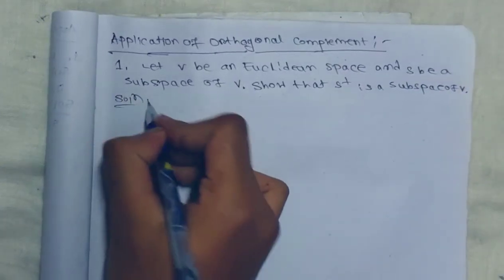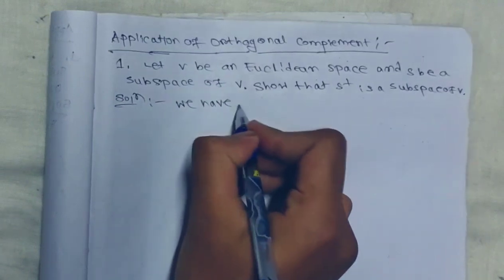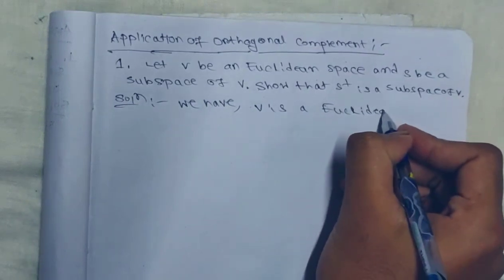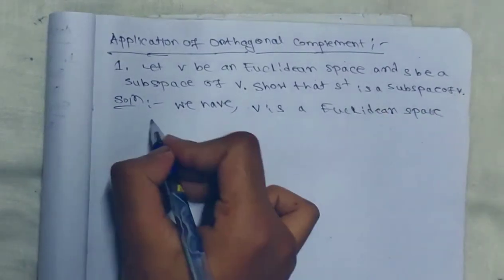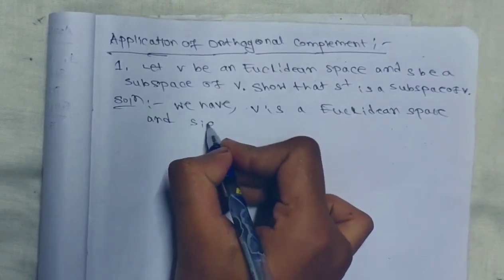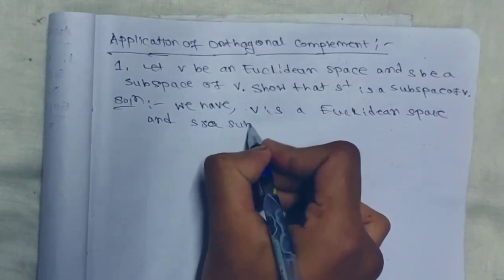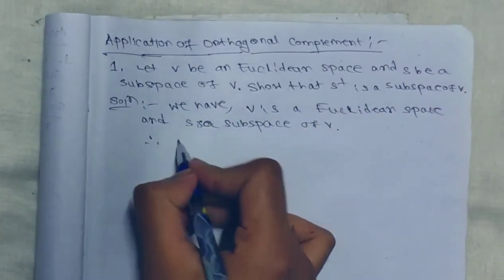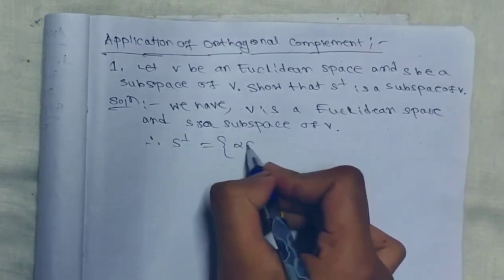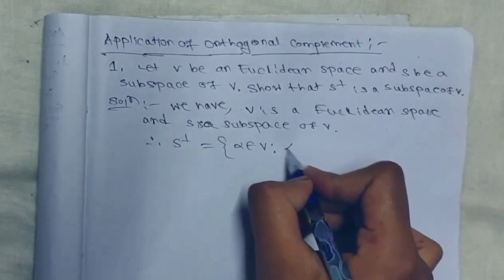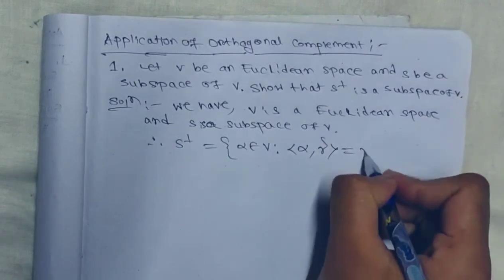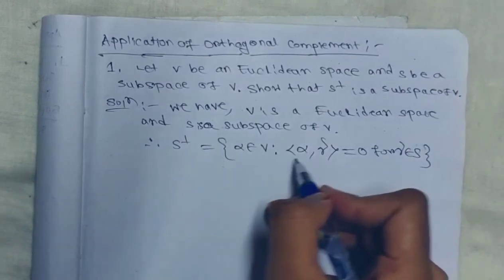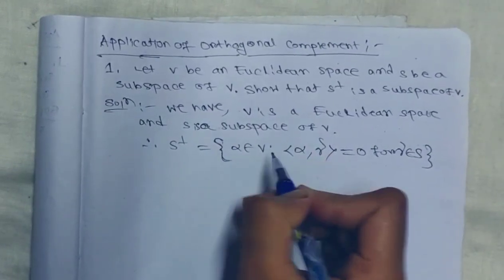Now solution. What is given? We have V is a Euclidean space, and we also have S is a subspace of V. Now by definition, S bar equals alpha belongs to V such that inner product of alpha, gamma equals 0 for all gamma belongs to S. From definition, हमें पता है S bar का definition यही होता है.